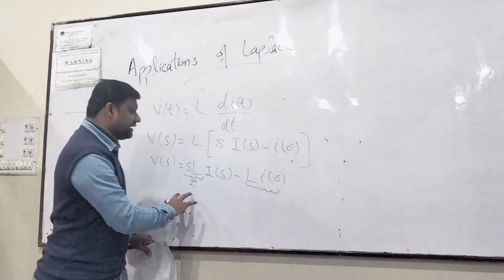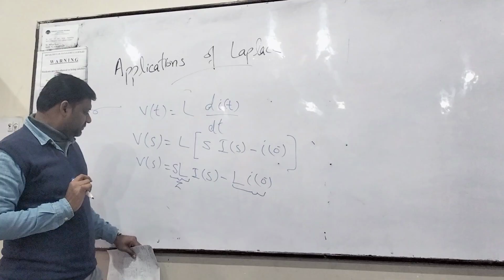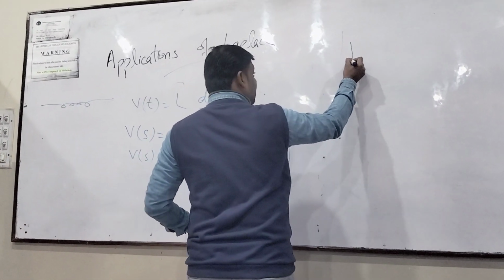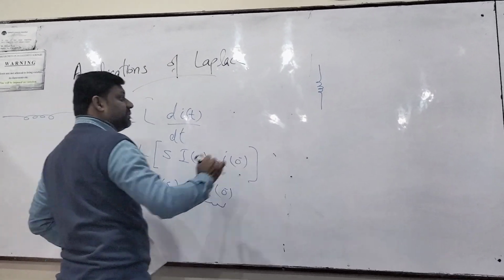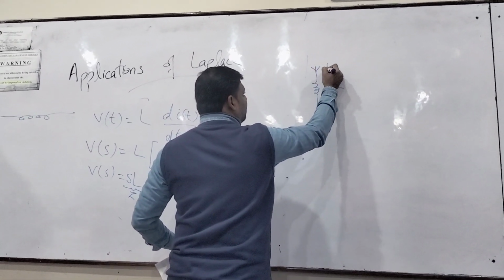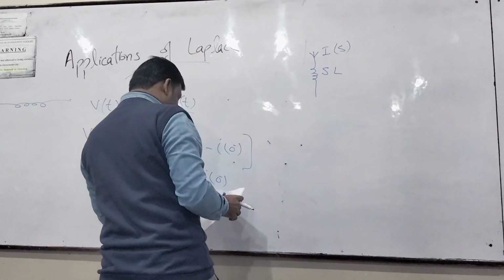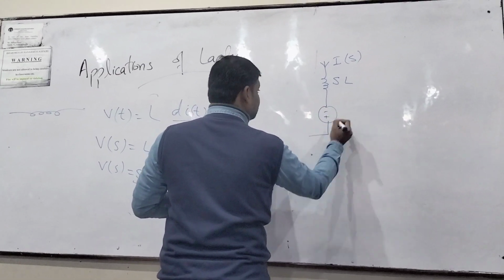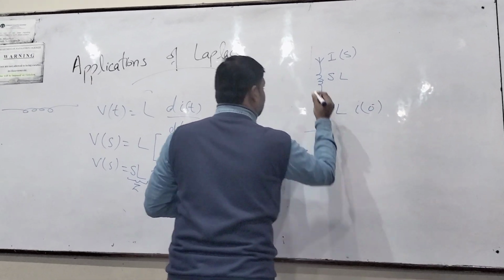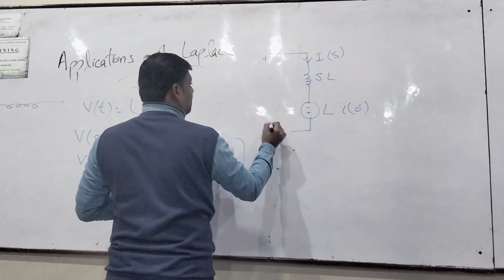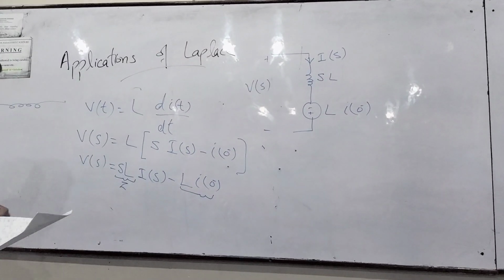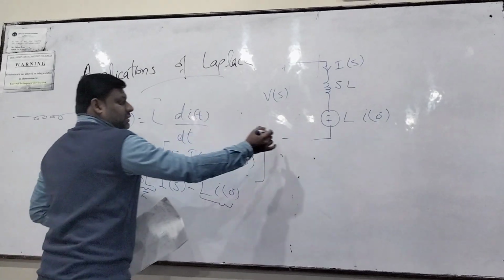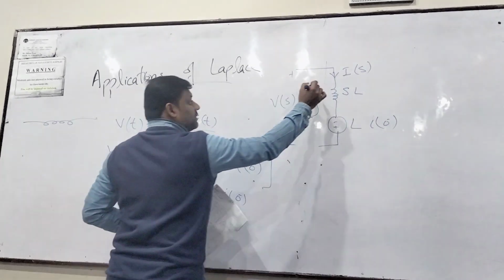So if I have to model it in the circuits, then the situation is this: this is the voltage across these two, an inductor with impedance SL and current flowing, and a voltage source with the magnitude L times I(0).